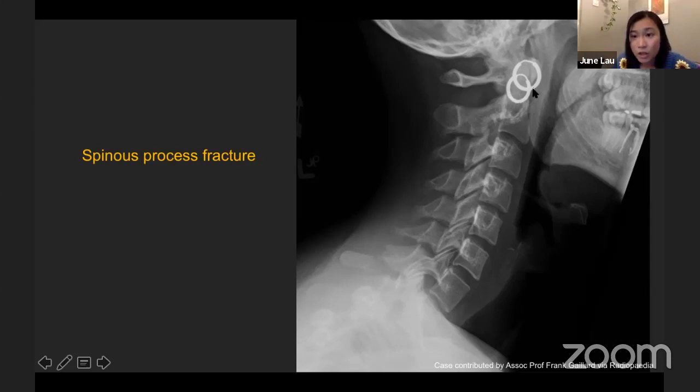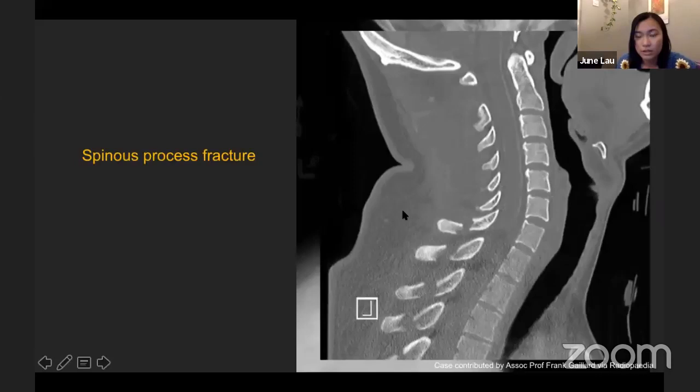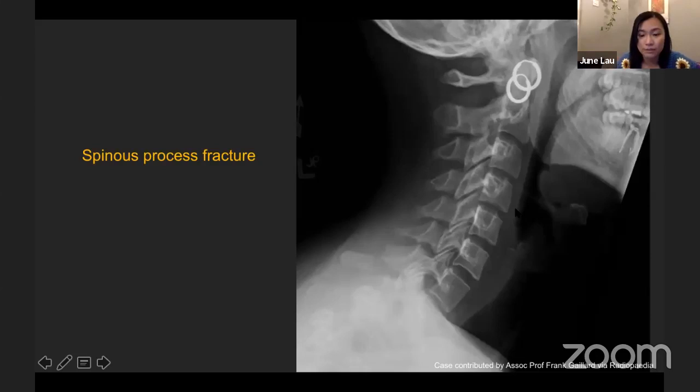And as long as you can identify your C2 vertebra and you can draw a line and it seems like it's in alignment with the rest of the vertebra, I would say it's not dislocated. Right. So this is another CT that got done afterwards, and you can see actually a lot more spinous processes are fractured with a lot of soft tissue swelling and edema as well. Okay.